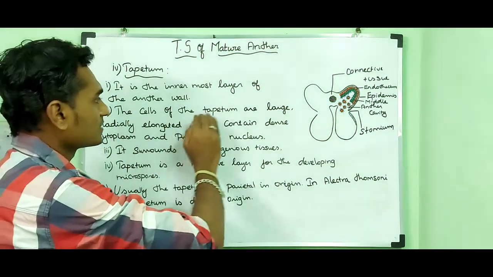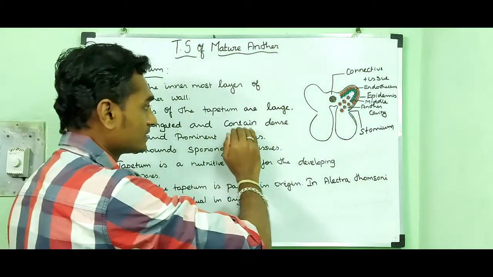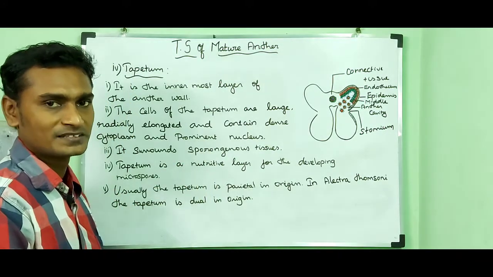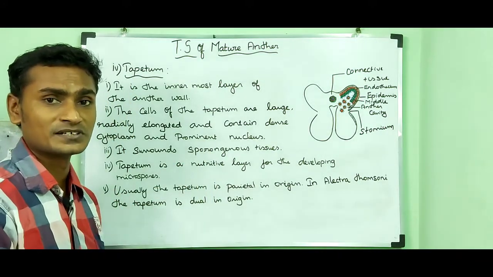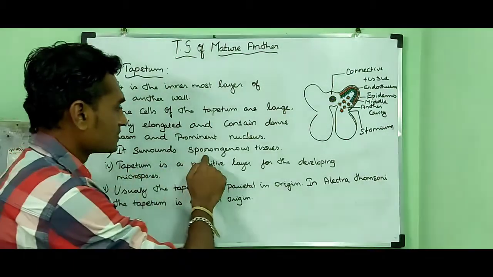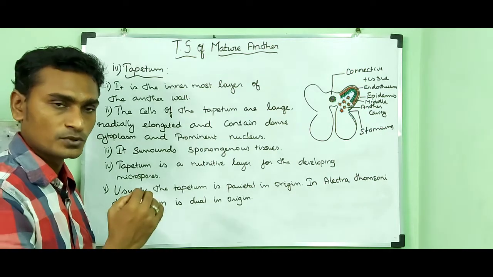The cells of the tapetum are large, radially elongated, and contain dense cytoplasm and a prominent nucleus. Tapetum cells are usually multinucleated. It surrounds the sporogenous tissue.